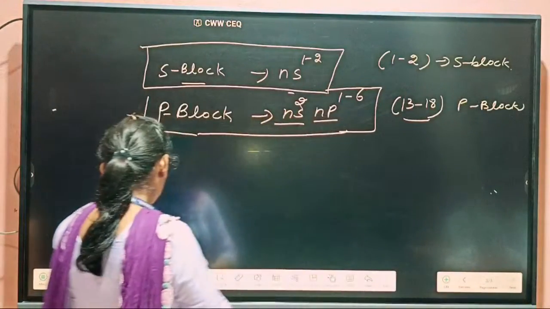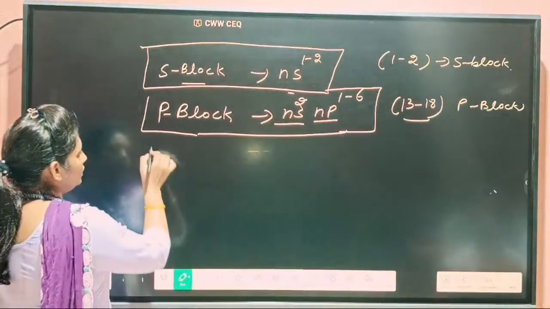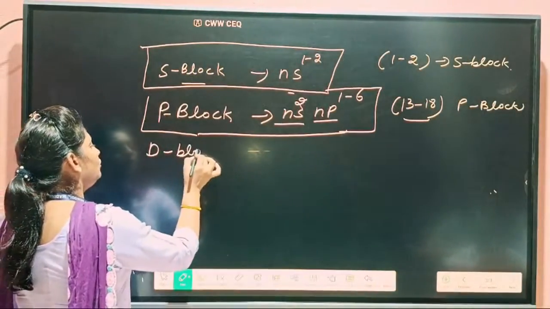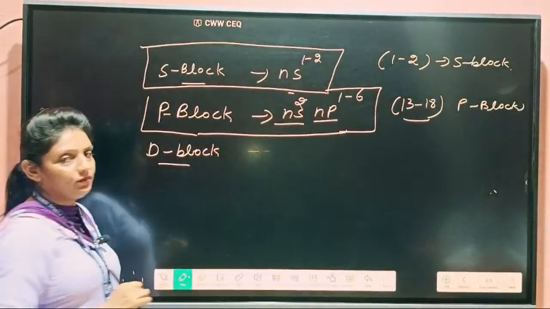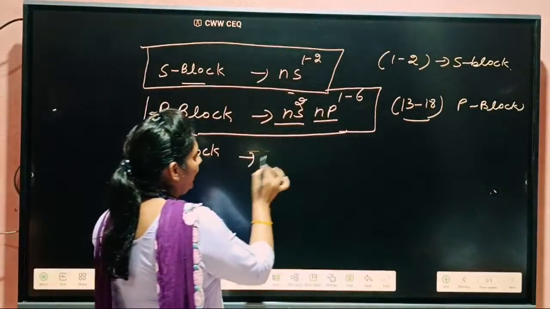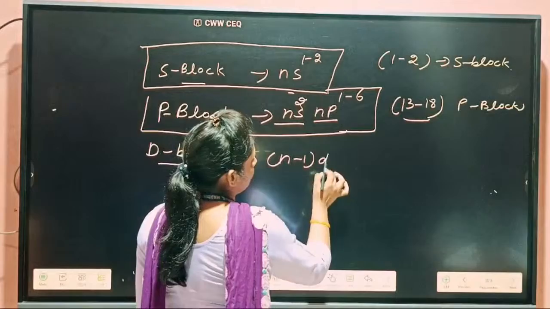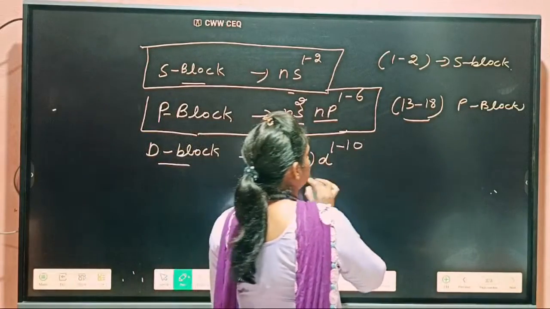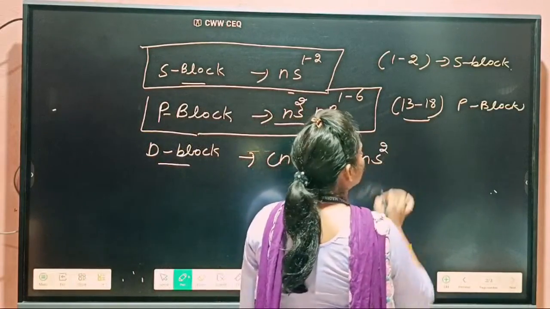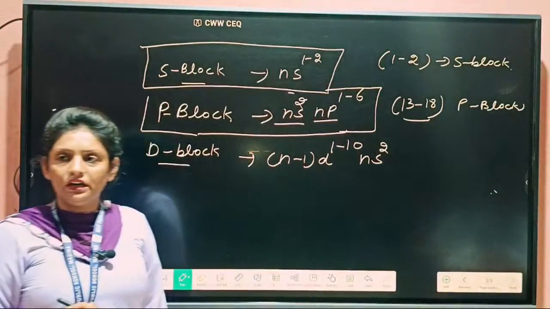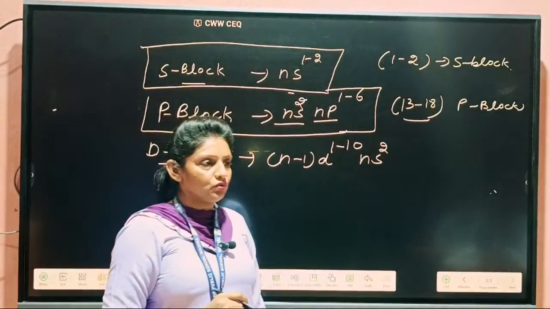Then what will be the general configuration for this? For p block elements, we have written. Now we will write the general configuration for d block. It will be (n minus 1)d1 to 10 ns2.